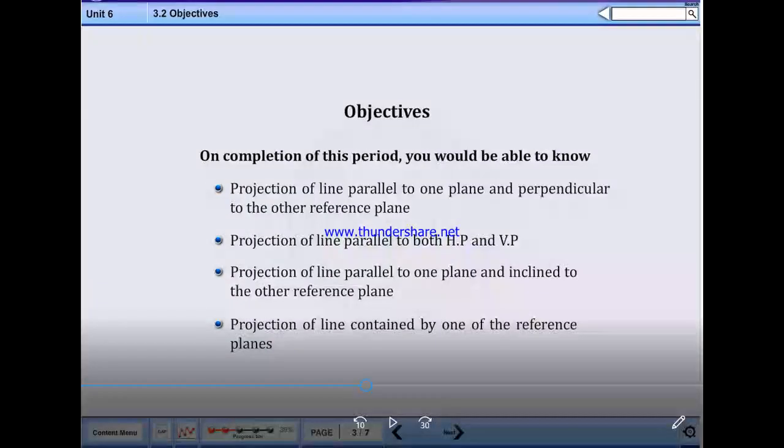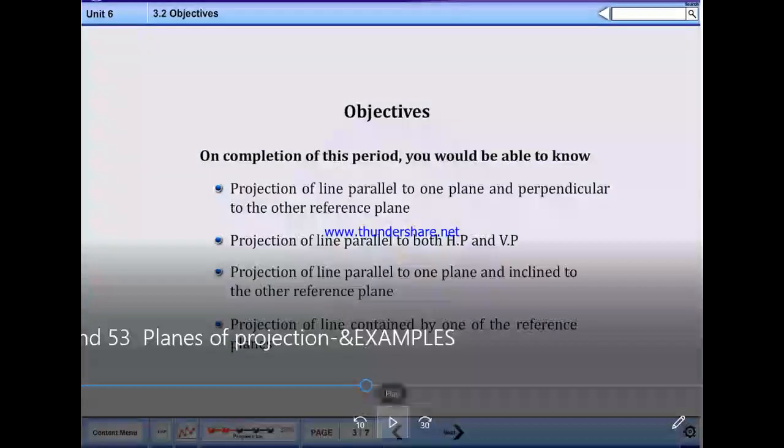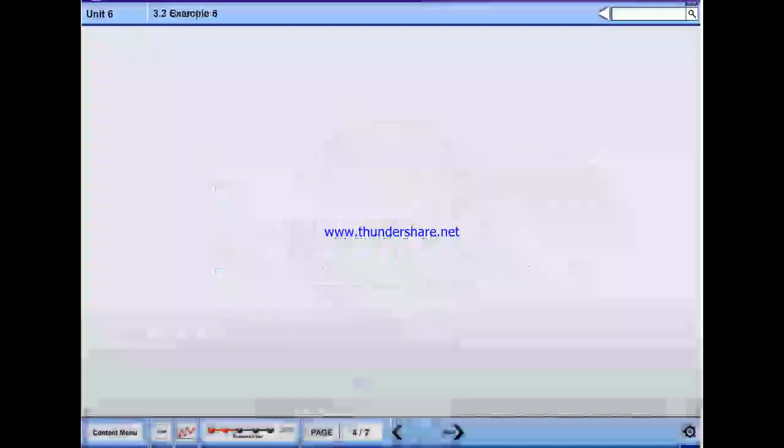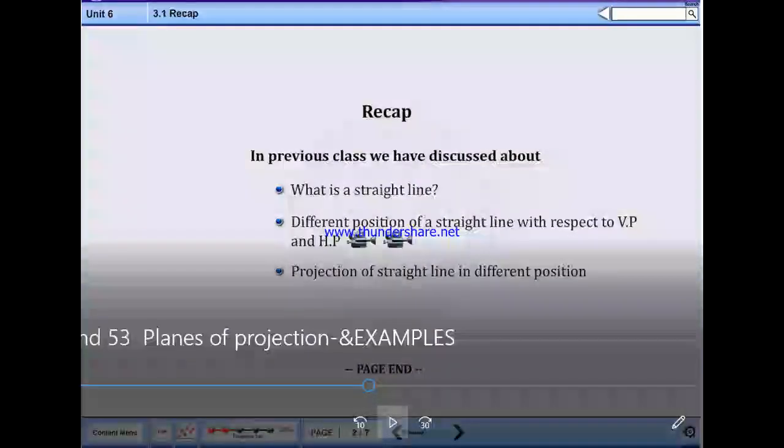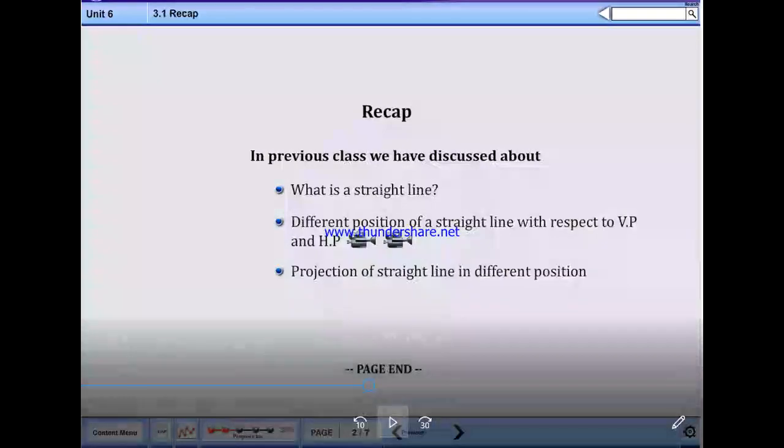Projection of a line contained by one of the reference planes. Recapping the previous information, that is, what is a straight line, different positions of a straight line with respect to VP and HP, and projection of a straight line in different positions.